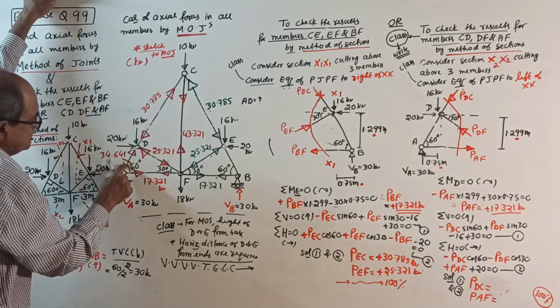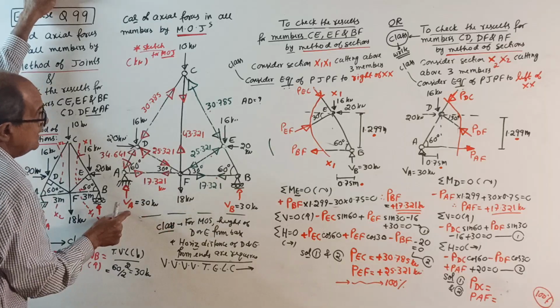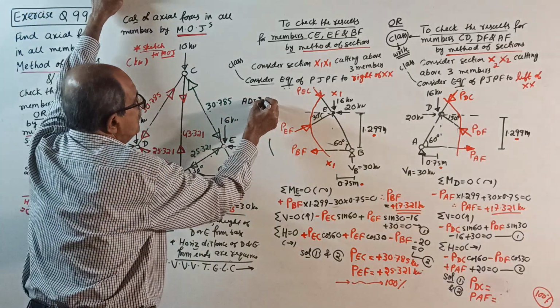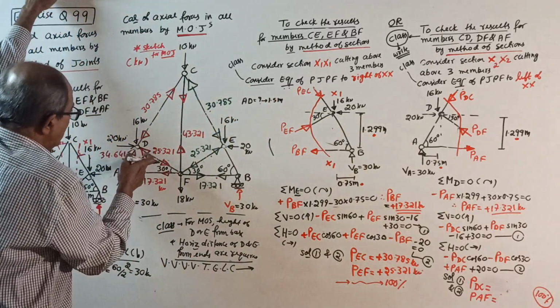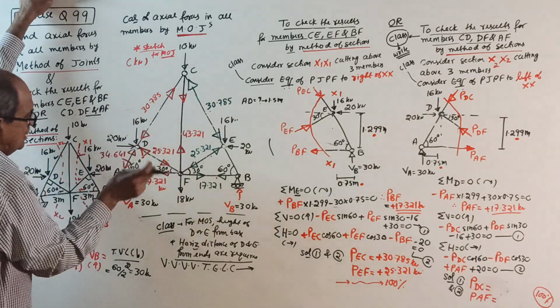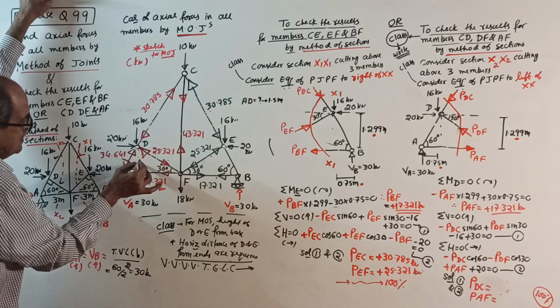See, cos 60 equal to AD divided by 3. Your AD will come 1.5 meter. Once you get AD 1.5 meter, put a light line here.